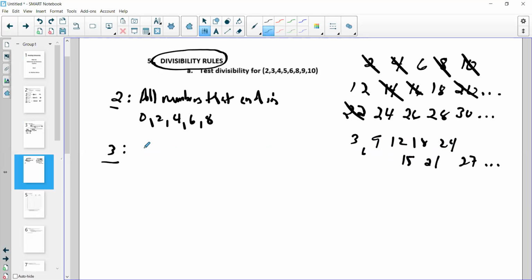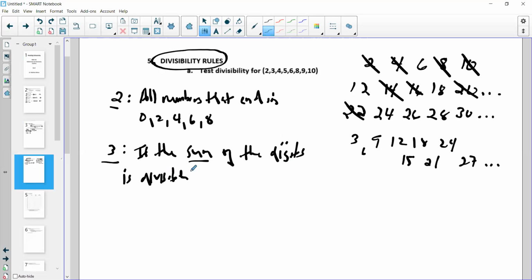If the sum of the digits is divisible by 3, then 3 will divide that number.